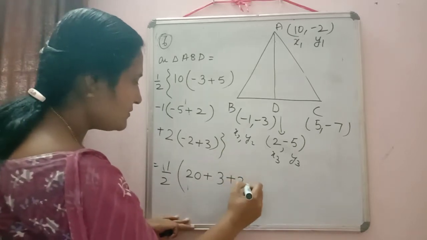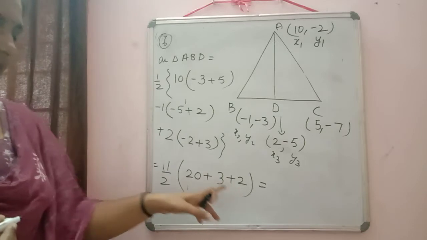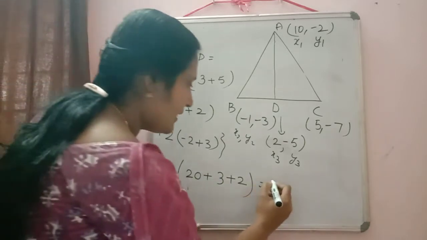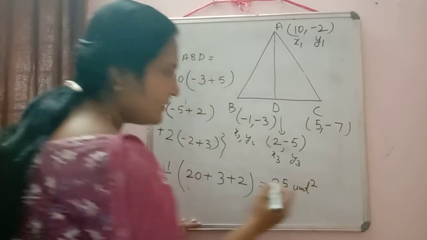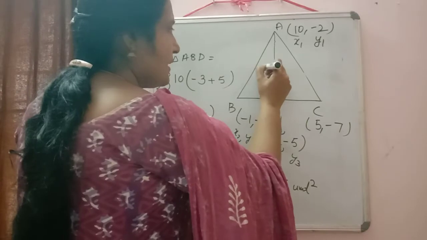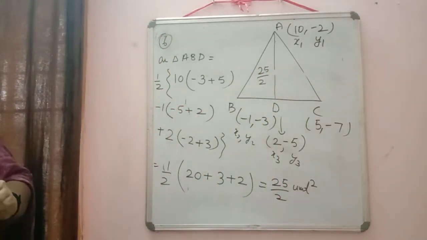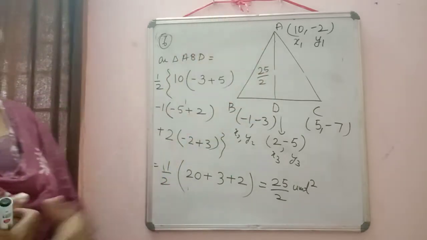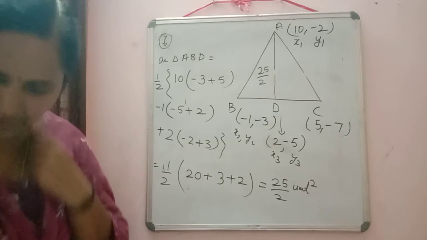So here plus 2. So what we are getting? 20 plus 5. So we are getting area of triangle ABD as 25 by 2 unit square. Now we will check whether area of triangle ACD is also equal to 25 by 2 unit square.